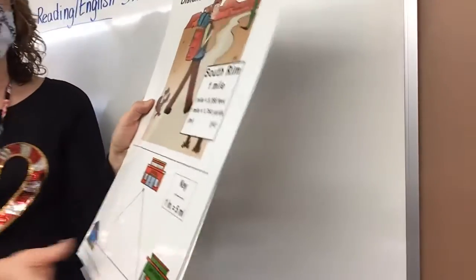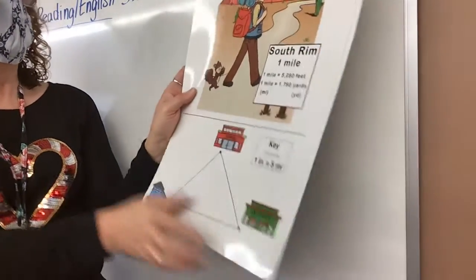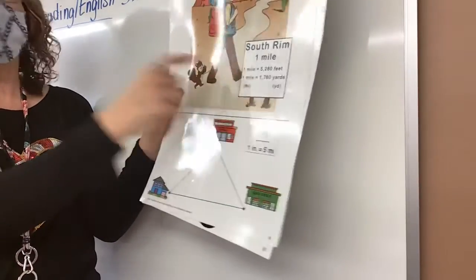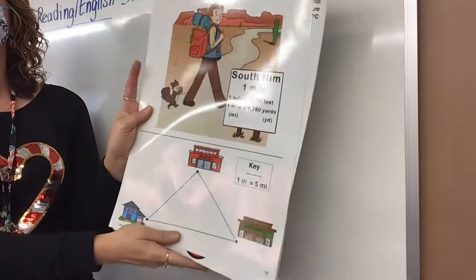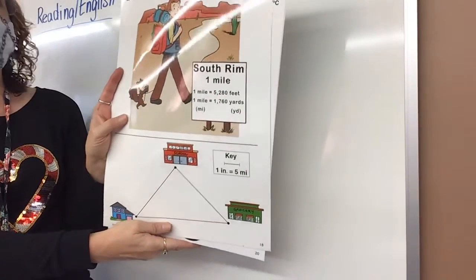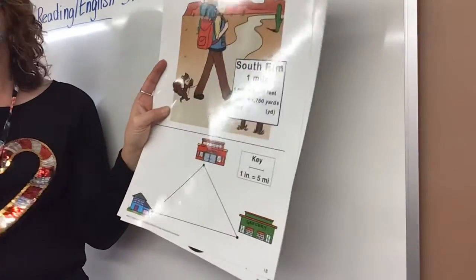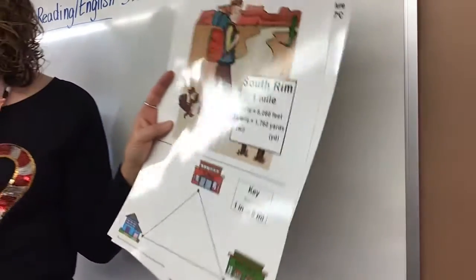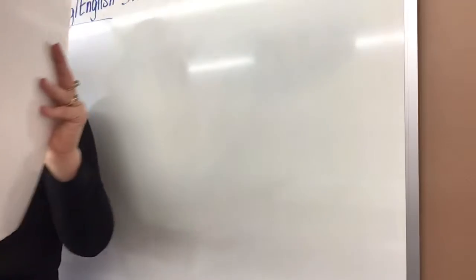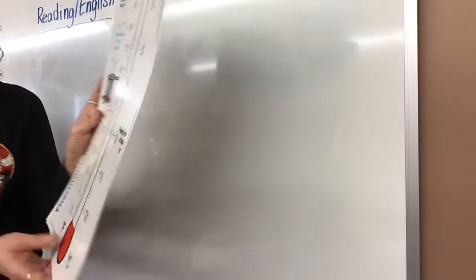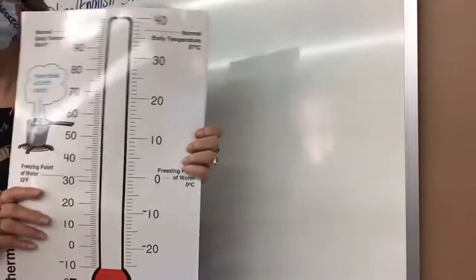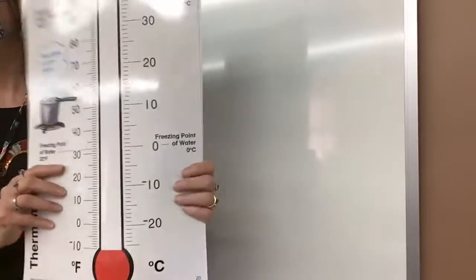All right, and then for the longer distances, we learned 1 mile equals 5,280 feet, and 1 mile equals 1,760 feet.